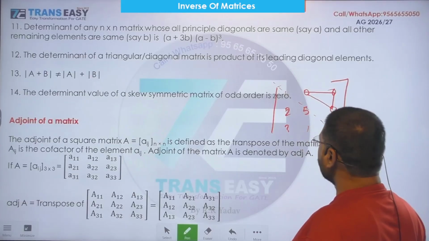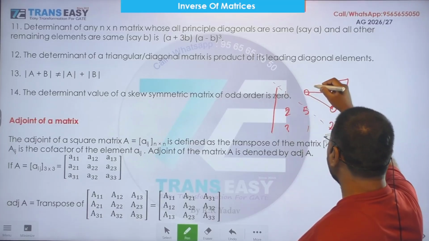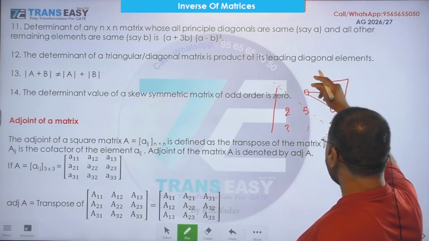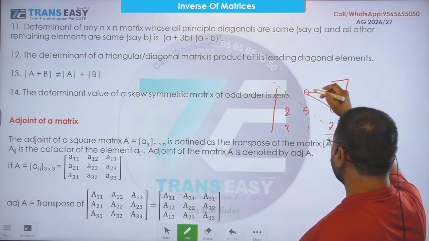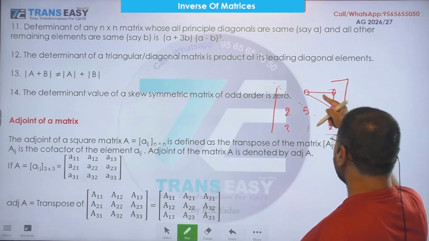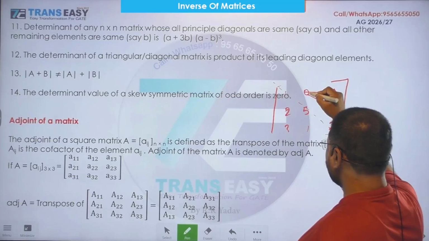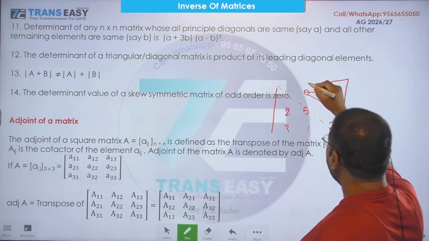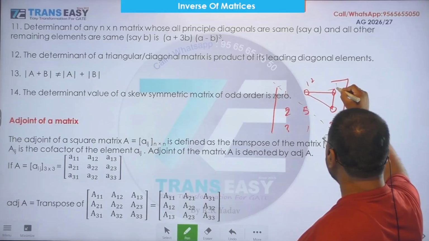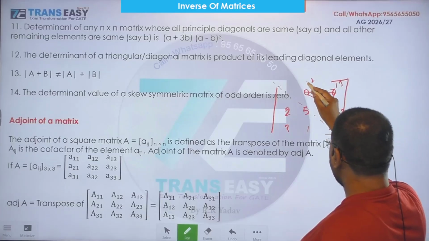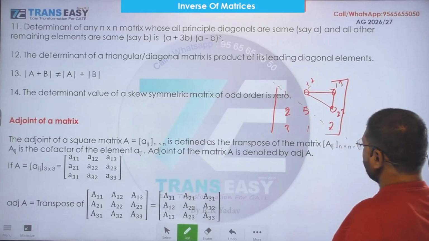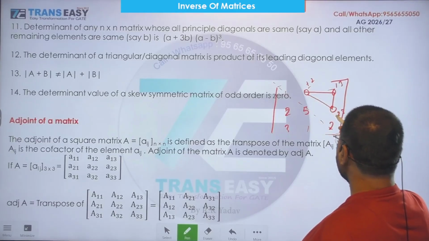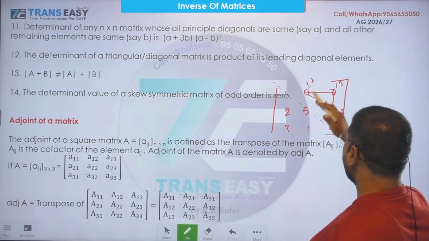This lower and upper is justified by comparison between row and column position of this 0 forming triangle. This is in first row, second column, first row, third column, second row, third column. So the row position is less than the column position for all zeros forming the triangle above this principal diagonal.